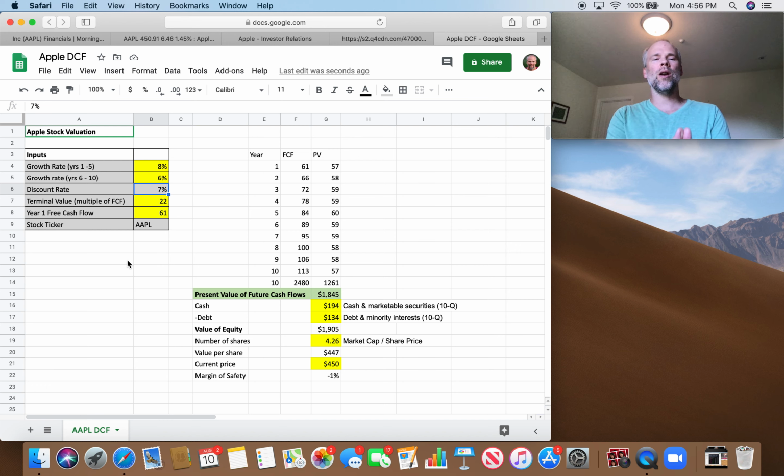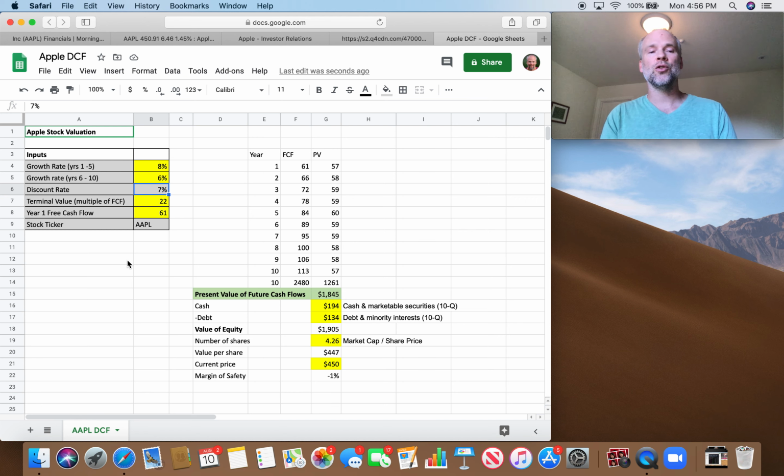So basically the point I'm making here, guys, is it's really important when you're doing valuations to do the valuation before looking at the price even. That's ideal, because if you know what the price is, there can be this subconscious bias towards selecting these inputs that get you closer to the current price, okay?